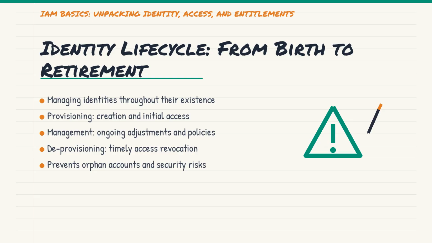For humans, this means when an employee leaves, their access should be immediately removed. For machines, if a device is retired, its identity and entitlements must be deactivated. A lapse at any stage, especially deprovisioning, creates a major security risk, leading to orphan accounts that attackers love to exploit. This continuous management is crucial.